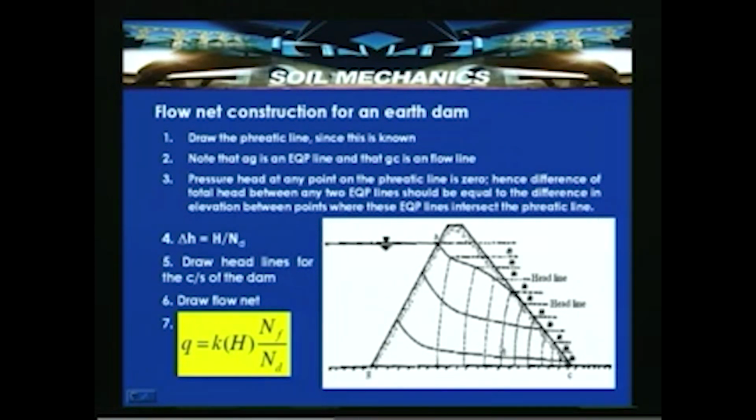Then this is the direction of the flow, and they can be numbered in this direction, in such a way that the number of equipotential drops is ND. This is for a homogeneous earthen dam, and we have discussed the method for determining the quantity of seepage passing through it.